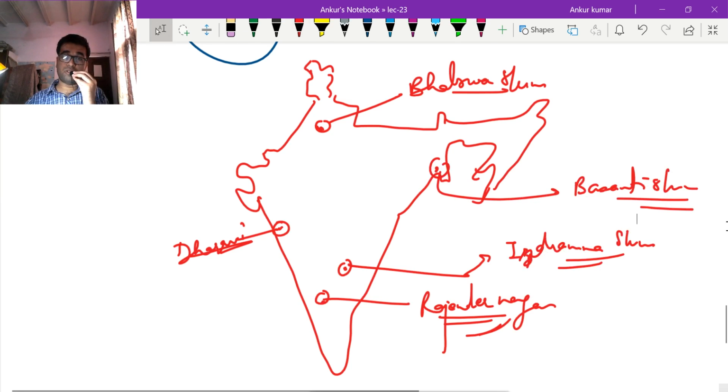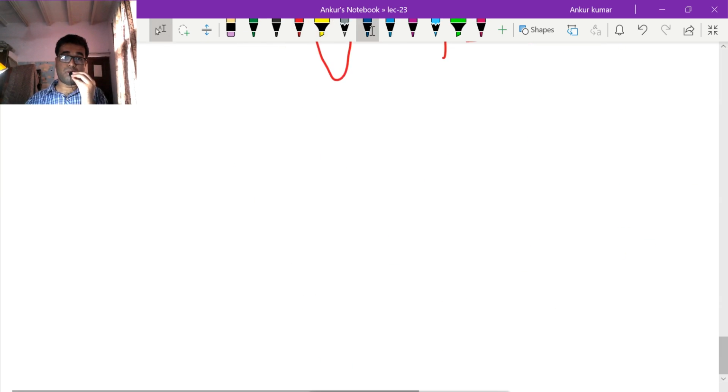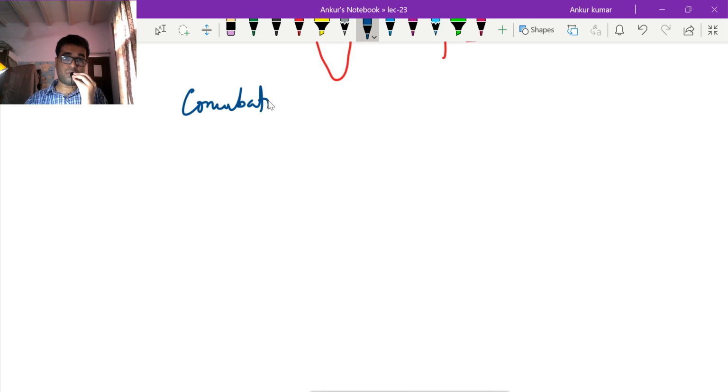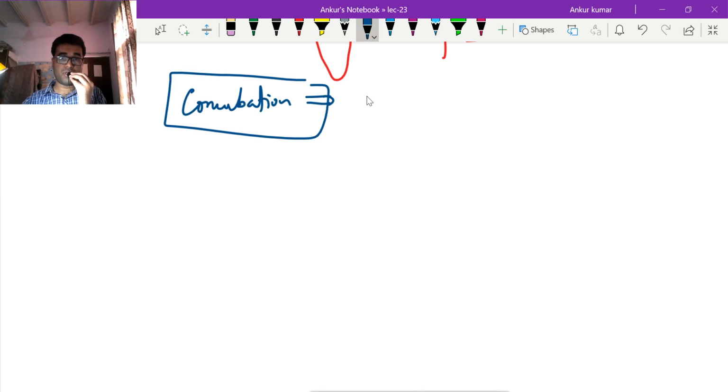Moving on to the next topic, that is the conurbations. See, conurbation is continuous urbanization.